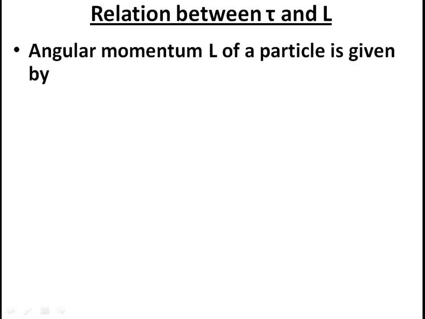Now come to a very important point. We want to relate angular momentum and torque. In the previous class we talked about angular momentum, and now we have torque. These are two important parameters in rotational motion. We know that angular momentum, from the previous class, is vector L equals R cross P. Now differentiate both sides with respect to time.